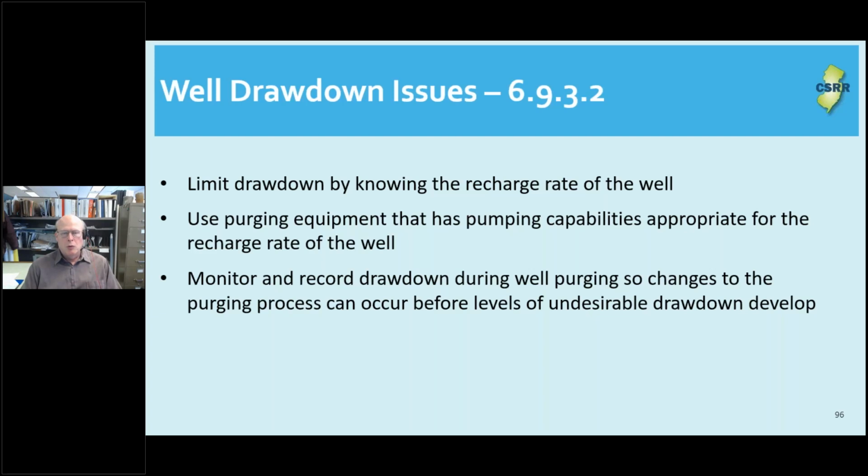Where an undesirable rate of water level drawdown is occurring, the purging rate should be changed to prevent undesirable levels of drawdown from developing. In water table wells, the drawdown should be limited to the extent practicable. For wells with completely submerged well intake intervals, drawdown to the top of the well intake interval is acceptable.